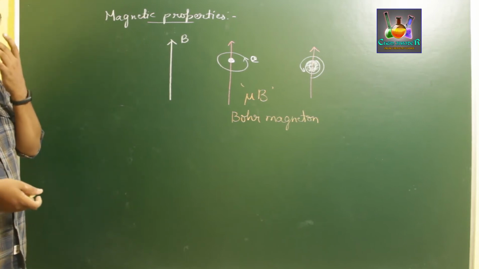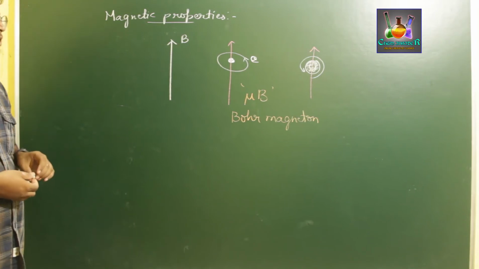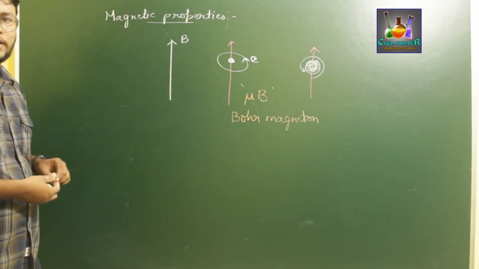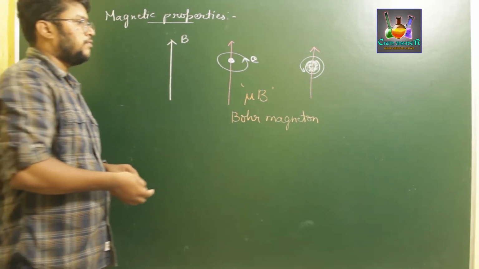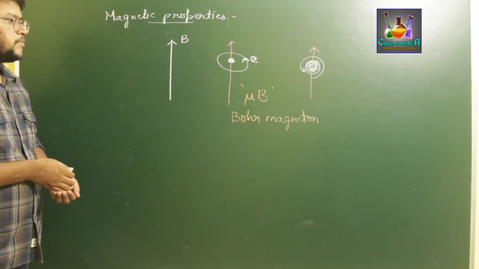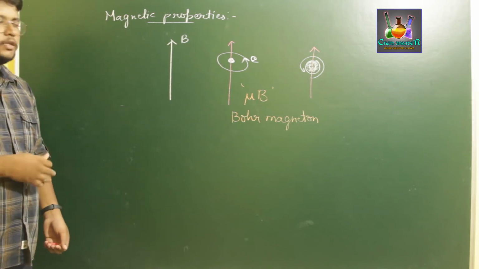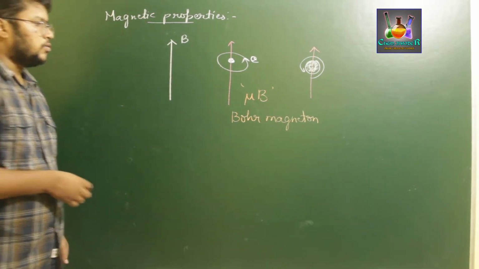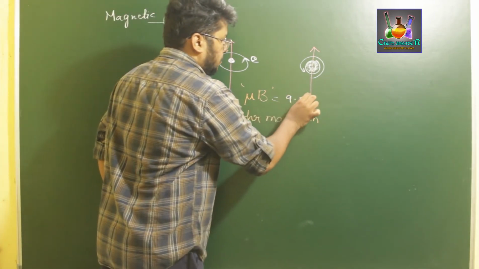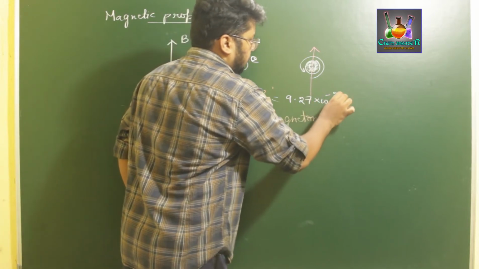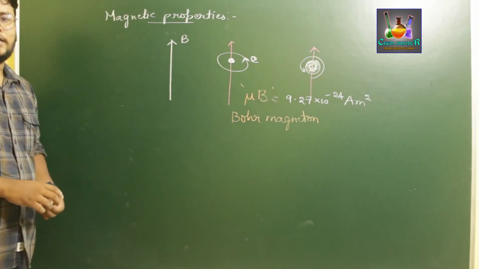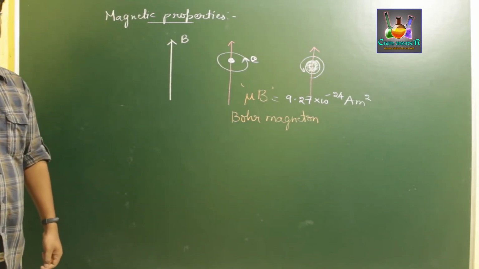The revolution around the nucleus is called the orbital magnetic moment, whereas the rotation of the electron on its own axis is called the spin magnetic moment. These two together are called the Bohr magneton, denoted by mu B, and its value is 9.27 into 10 to the power minus 24 meter square. This is the value of the magnetic moment experienced by an electron in an applied magnetic field.